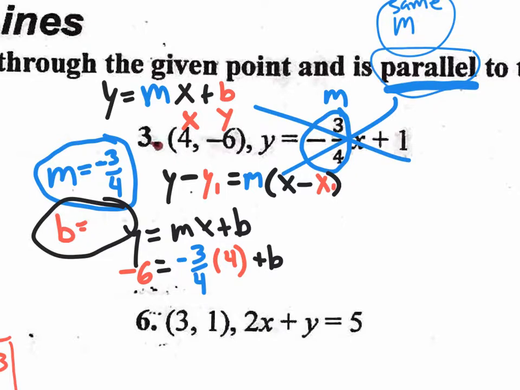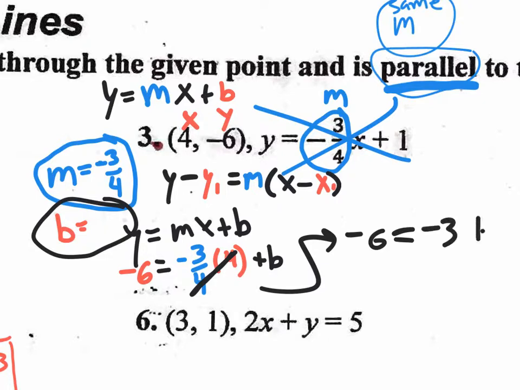Yes. Okay, so the 4's obviously cancel out. So what do we have left? We have this new equation, negative 6 equals negative 3 plus b. So I need to get rid of that negative 3. So I'm going to go plus 3, and my answer is negative 3 equals b.